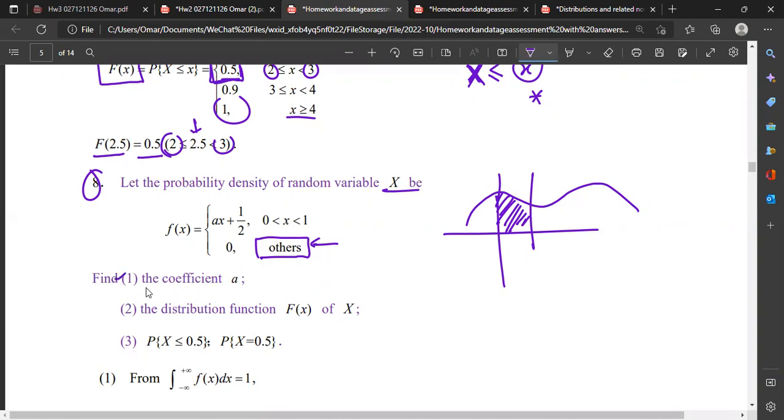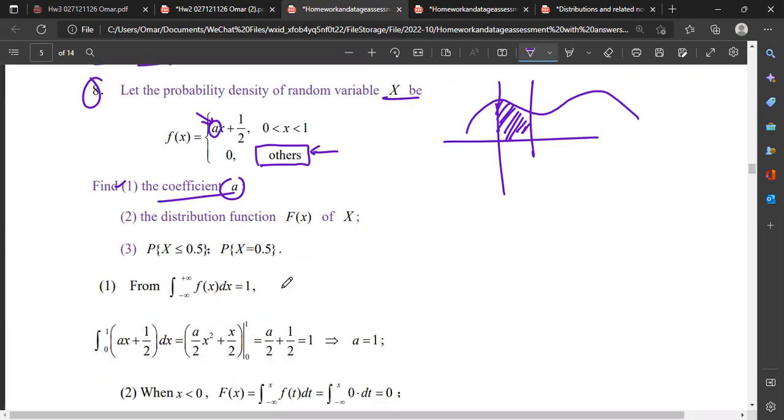So the first one, find the coefficient A. Coefficient A is here, right? To find this one, we have to integrate. This is the formula: integration from minus infinity to plus infinity of f of x dx equal to 1.